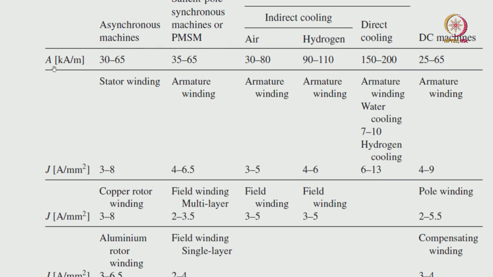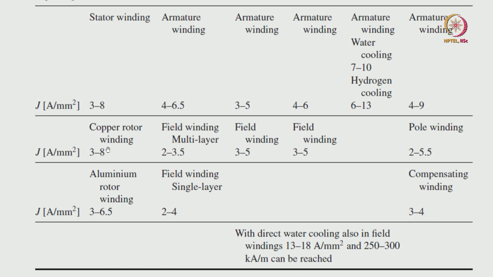We can see here the electric loading 30 to 65 kilo ampere per meter, and current density is 3 to 8 ampere per mm square for stator winding, and for copper type of rotor winding in an induction machine 3 to 8 ampere per mm square, and for aluminum rotor winding 3 to 6.5 ampere per mm square.